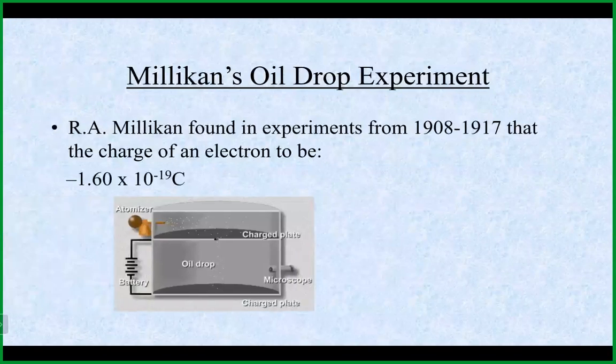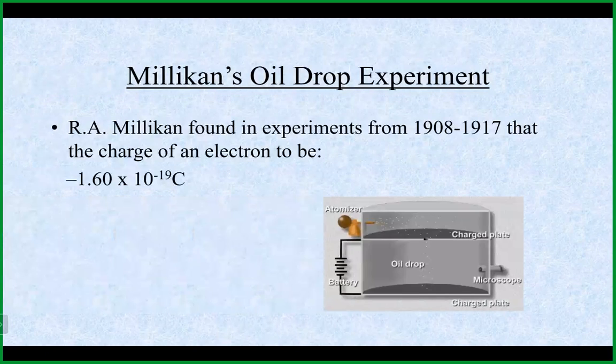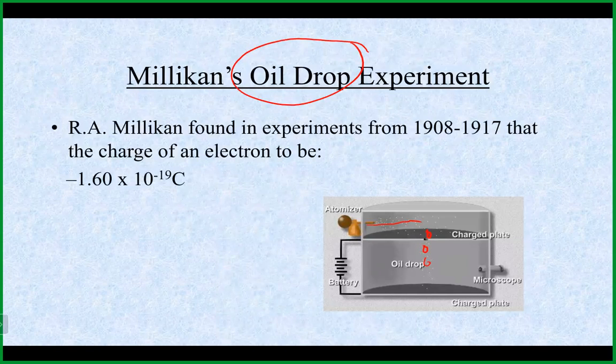So Millikan did this oil drop experiment. Basically he had this chamber and an electrical field. Much like the name implies, he shot some oil droplets in. The oil droplets are going to want to drop based on gravity. What he was able to do was adjust the electrical field in that chamber in such a way that the oil droplet just hung there.